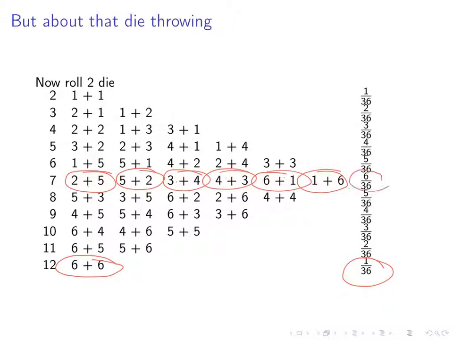So by the naive definition, I'm saying the probability of getting a 7 is 6 out of 36. The whole point here is any one of these events individually has a probability of 1 over 36, but when I look at the total, a pattern is beginning to form.